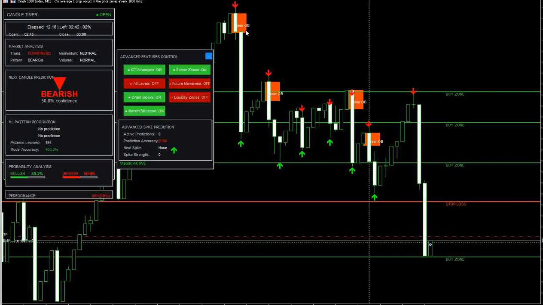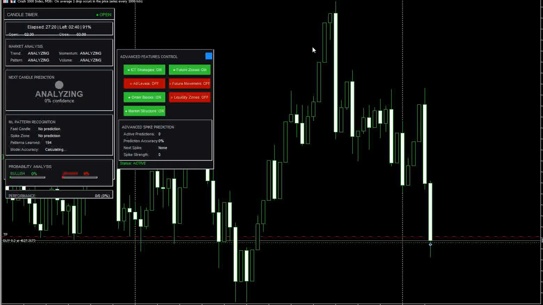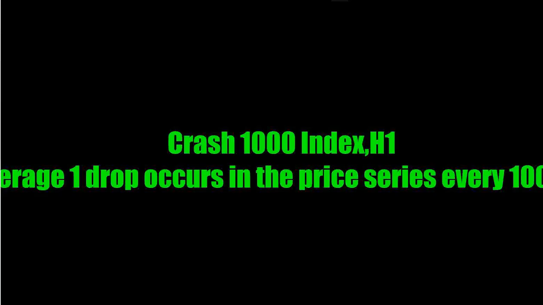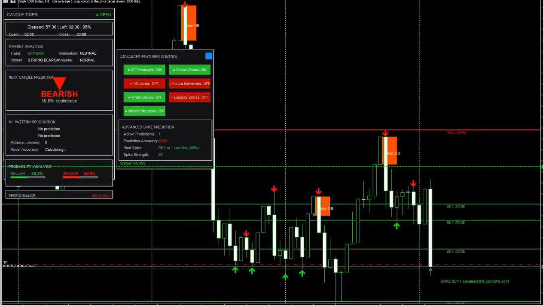Now let's check the 30 minutes time frame. It's taking time to analyze the 30 minutes time frame. Let's see the 1 hour time frame. Once we have this bearish order block, consider this zone to be bearish.